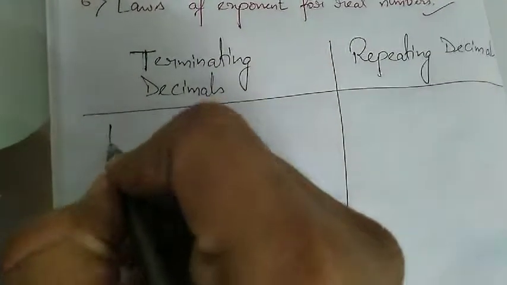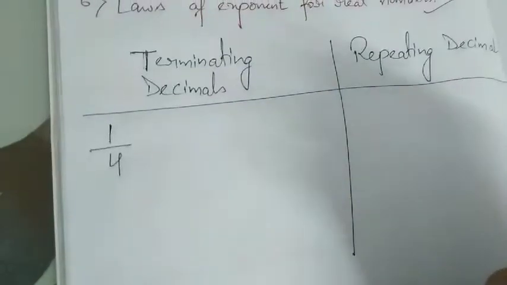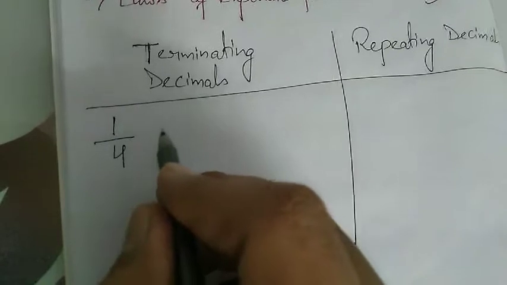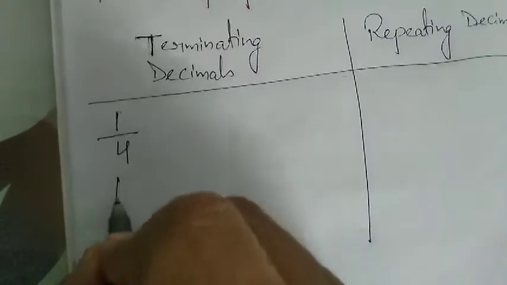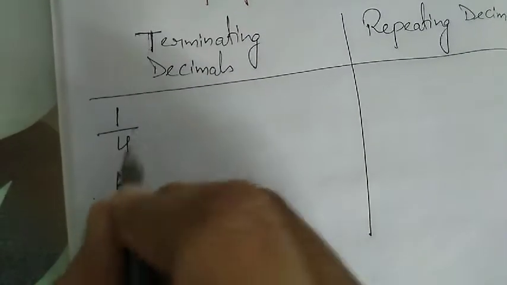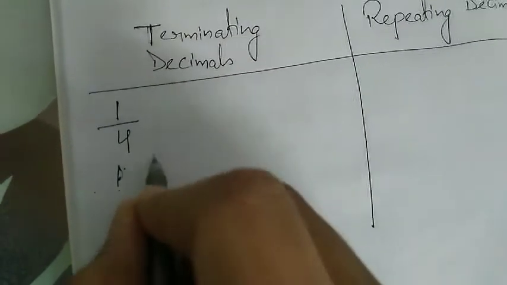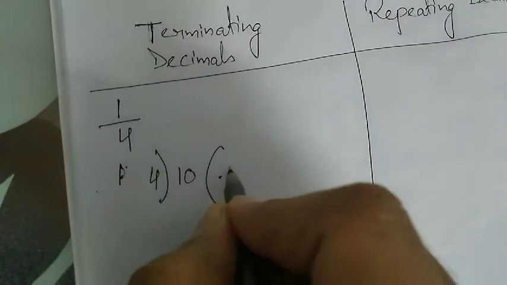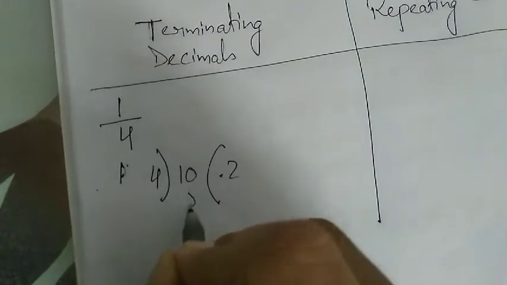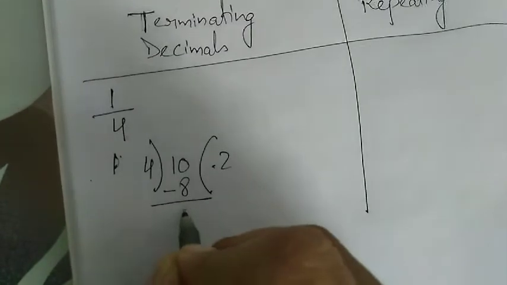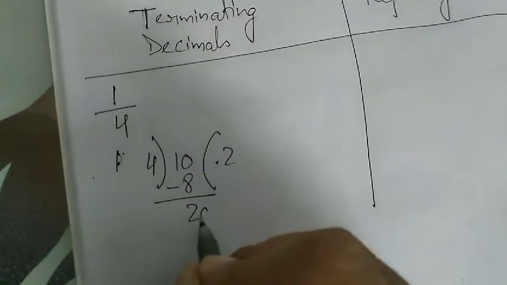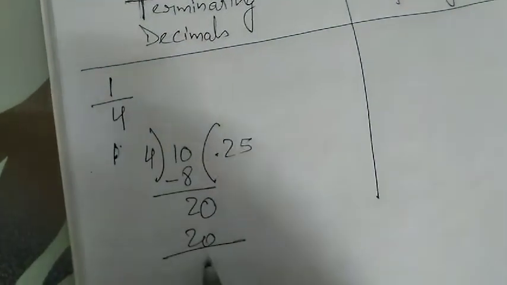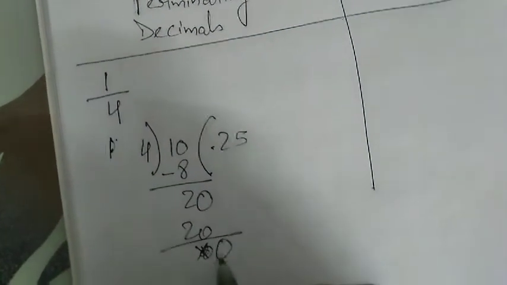Suppose I have a fraction, which is 1 by 4. What is the meaning of 1 by 4? How to convert it into a decimal? As we all know, 4 will divide 1, isn't it? So we put a dot and 0.2. 4 2s are 8, we subtract, and then for the decimal we get a 0, and 4 5s are 20, and we got the remainder as 0.